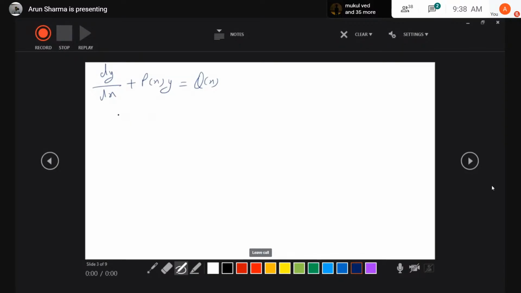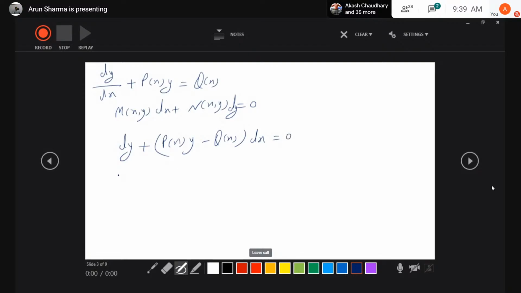To see whether this is exact or not, you have to convert this into the form M(x,y) dx plus N(x,y) dy equals 0. So how to convert this into this form? This is dy plus (p(x) times y minus q(x)) times dx.